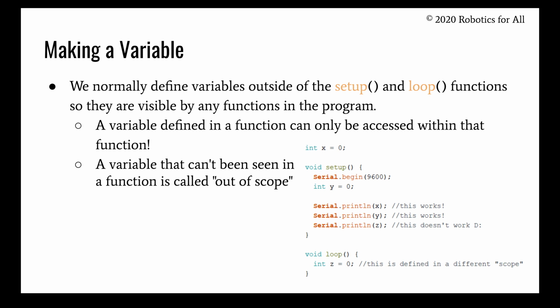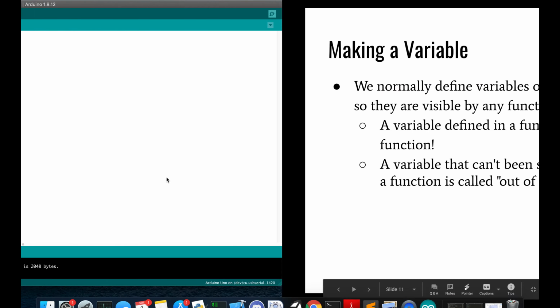Another thing with variables is that if you define one inside a function, like int y equals 0 in the setup function, you can't access its value in the loop function. I'll give an example of that.